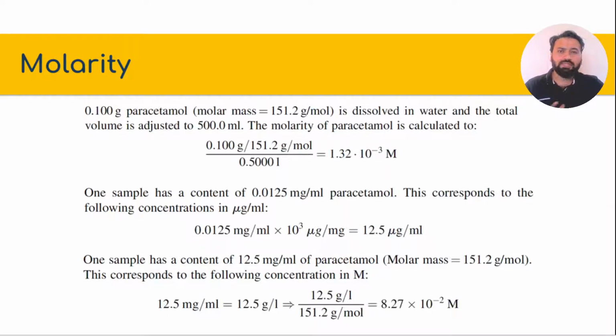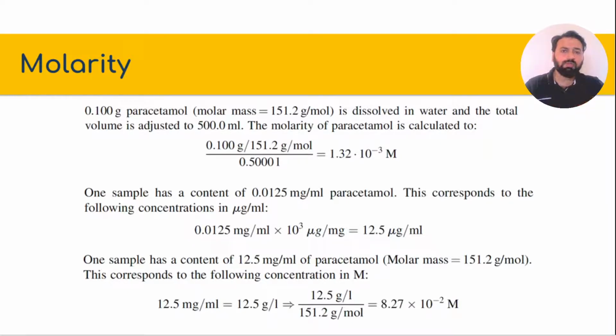Weight divided by molar mass gives the number of moles. It is further divided by the volume in liters. So we change 500 ml to liter by dividing by 1000, so it is 0.500.